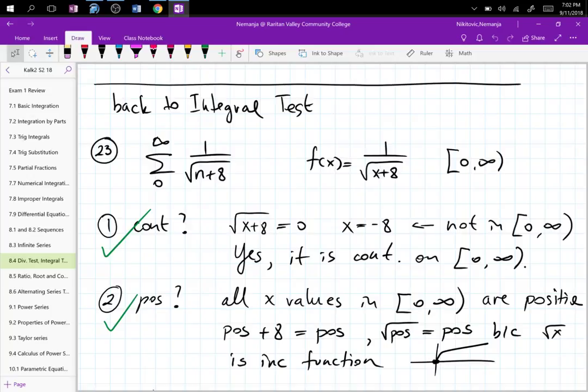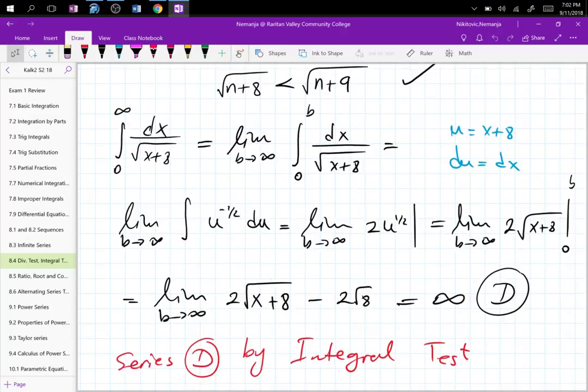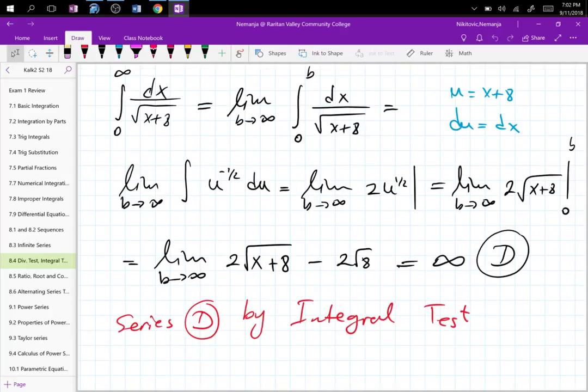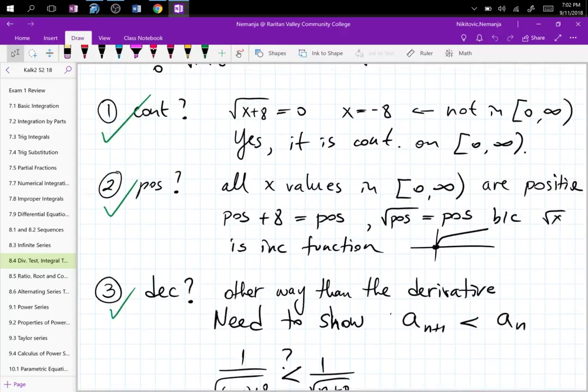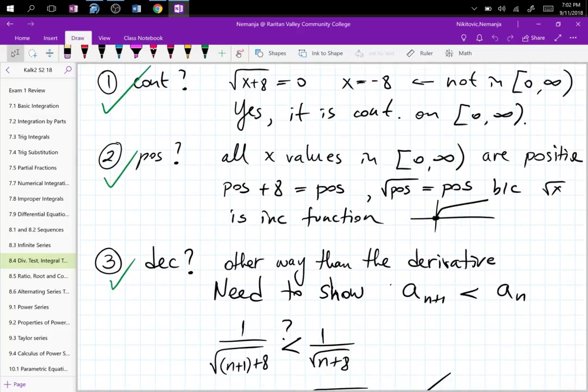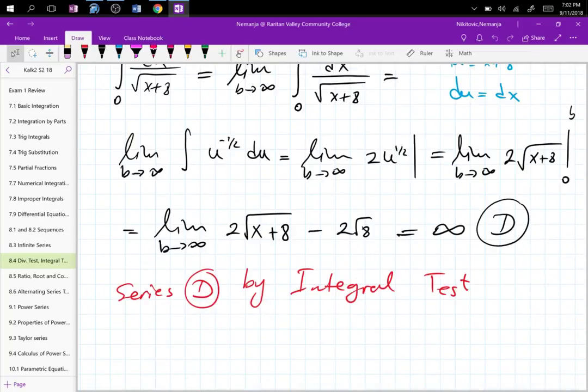That is done as a setup. What is the integral test? This is the integral test. This over here is preliminary work in Calc 2 to make sure that you are allowed to do this.